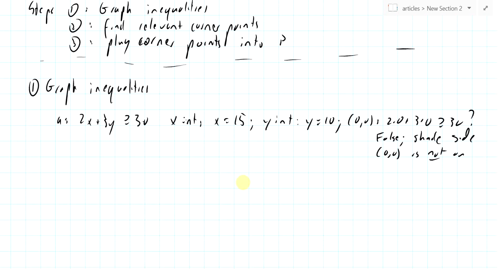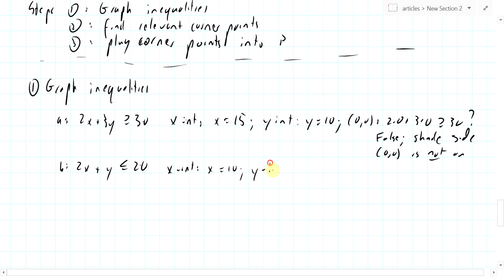So, the second inequality is 2x plus y less than or equal to 20. What's my x-intercept? 20 divided by 2, x equals 10. What's my y-intercept? 20 divided by 1, the coefficient of y, so it's just y equals 20.